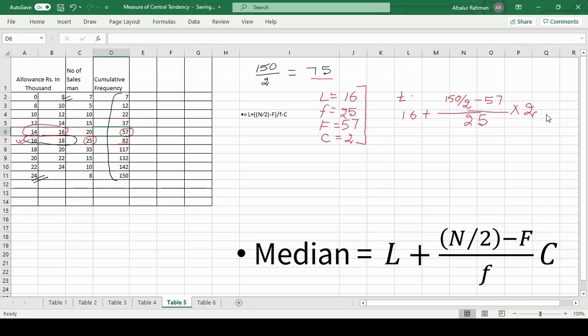If we calculate this, what will we get? The median. So I will use the formula bar.